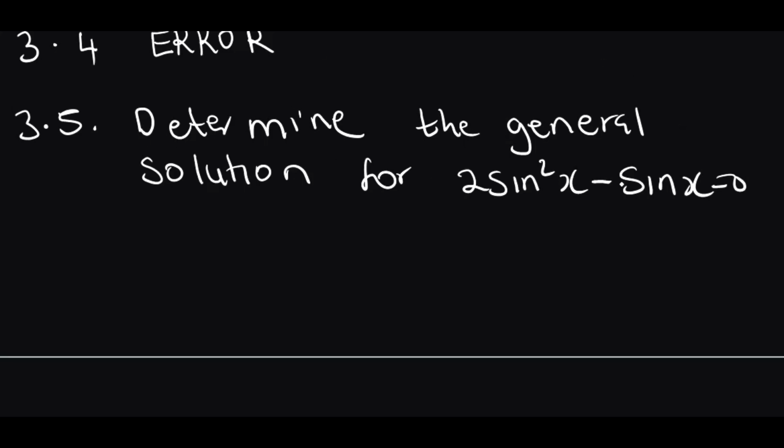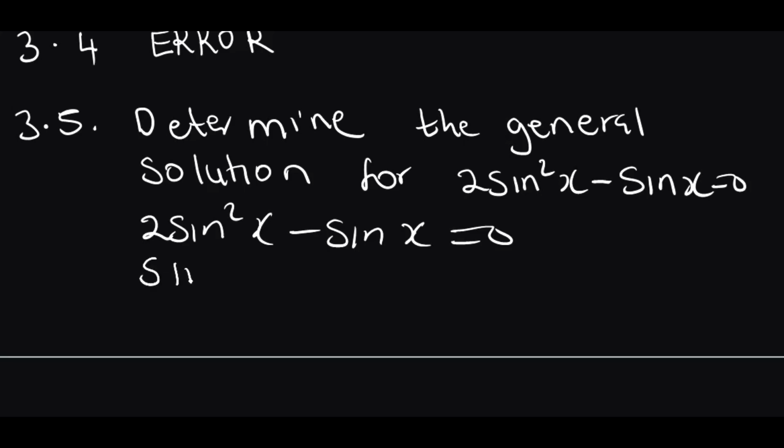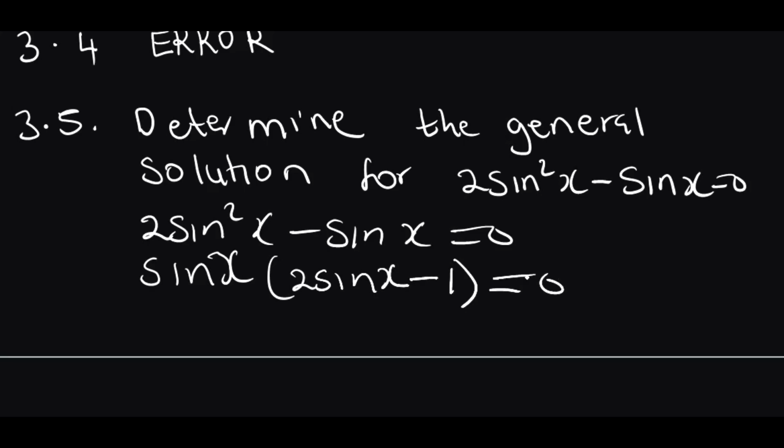Here we can take out the highest common factor, which is sine x. Then in brackets we have 2 sine x minus 1, which is equal to 0.